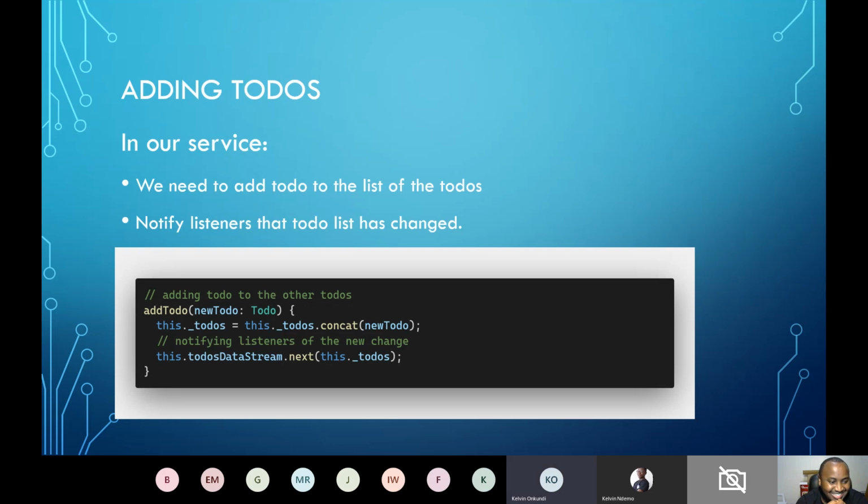So on the side of the component, I was thinking that what makes a behavior subject good is the fact that you can get a value when it's emitted and something of the sort.